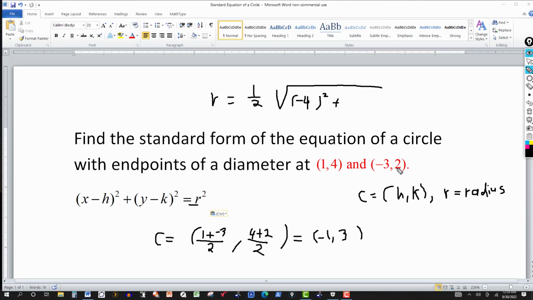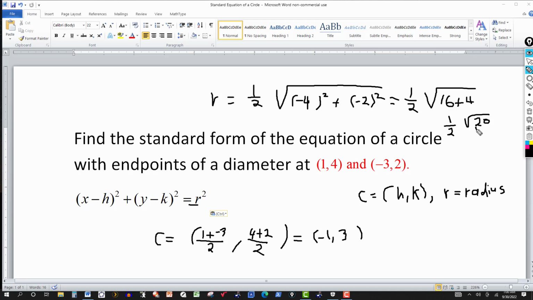And then 2 subtract 4 is negative 2, and you square that. So this is 1/2, and this is 16, so this would be the square root of 16 plus negative 2 squared, which is 4. So this is 1/2 square root of 20.